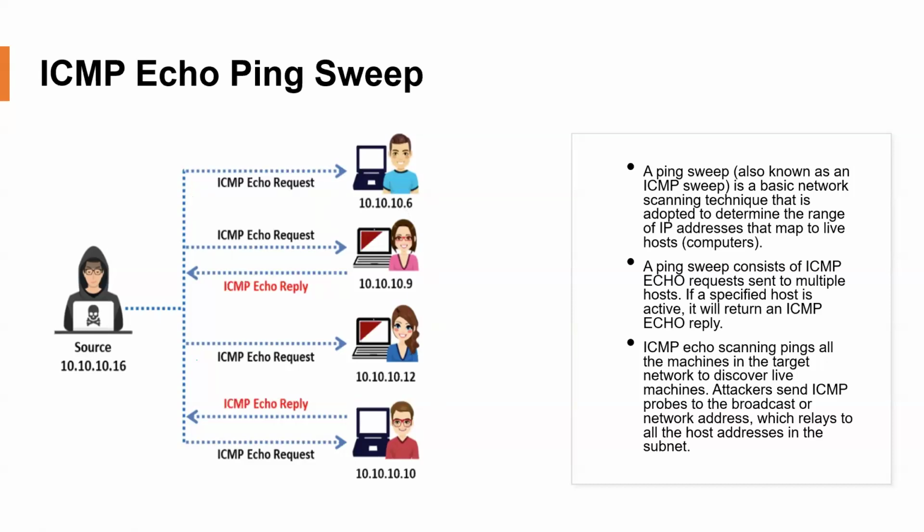So attackers also use this ICMP echo ping sweep for their purpose, to launch an ICMP ping sweep attack. So that is the way it works. It will just send the echo request and then wait for the ICMP echo reply. And the machines which respond back, it will know that these are the hosts which are active, and those who are down won't reply back.